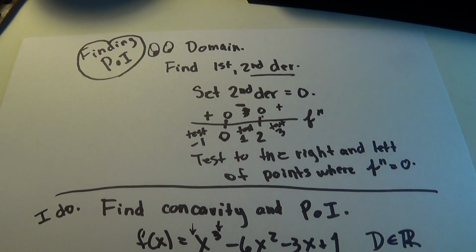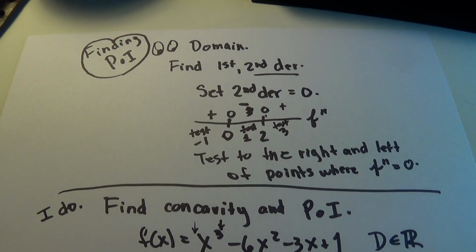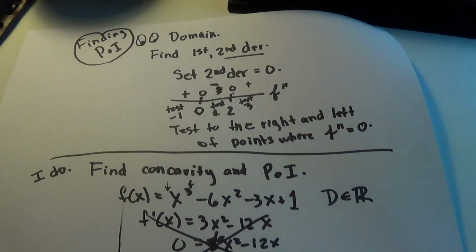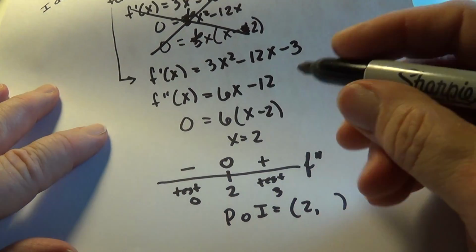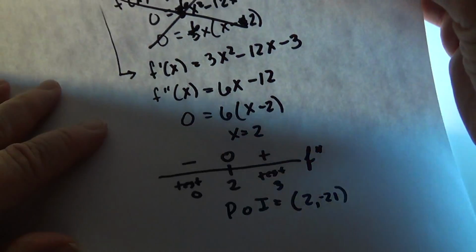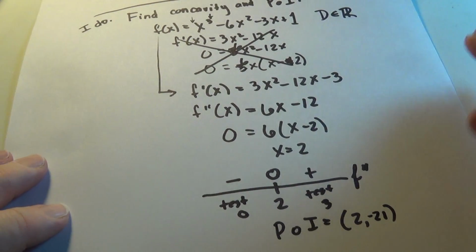So I'm going to get 2 cubed minus 6 times 2 squared minus 3 times 2 plus 1. And when I did all that earlier, I came out with a minus 21. If you would validate that for me, I'd appreciate it. So that is the point of inflection.